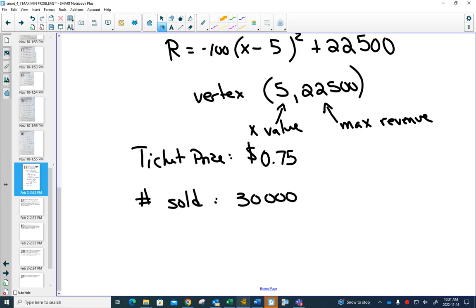And you can check, if you do 30,000 times 0.75, you get 22,500. So here, the bus company was selling things for too much. So they needed to lower their price in order to get the maximum revenue.